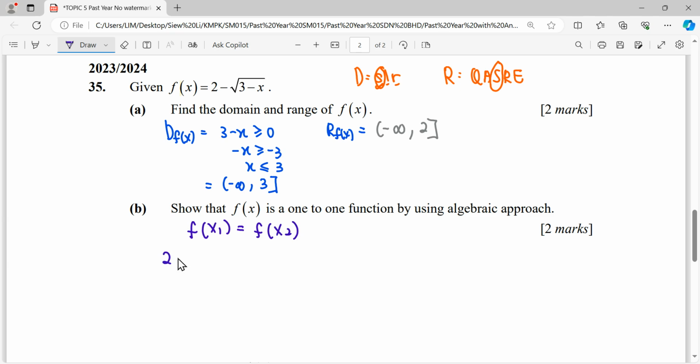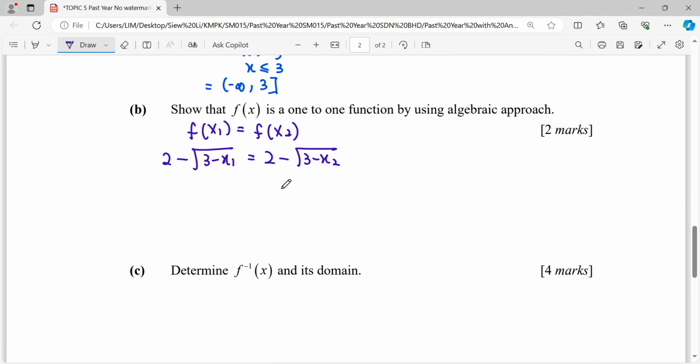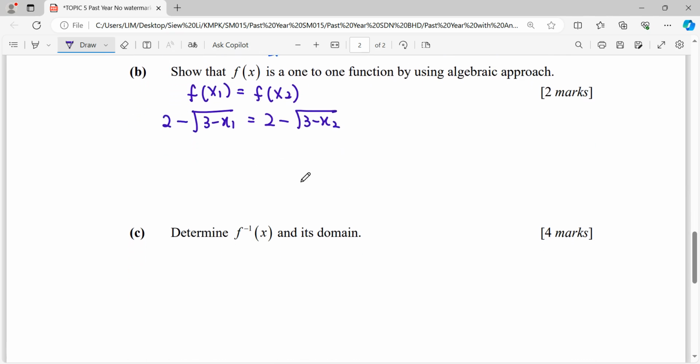So here will become 2 minus square root of 3 minus x1, equals 2 minus square root of 3 minus x2. Then we do our procedure, simplifying one by one to find x1. If x1 equals x2, only one answer, it means it will be a one-to-one function. If x1 has more than one answer, this function is not one-to-one.